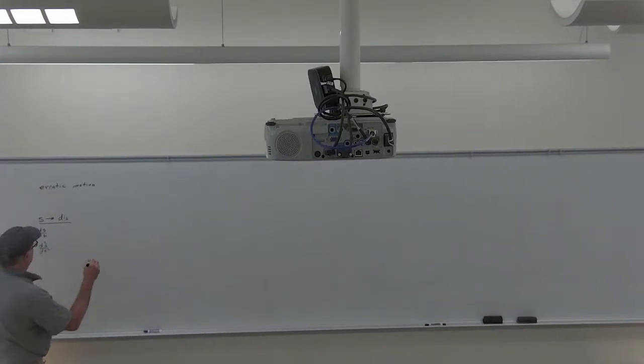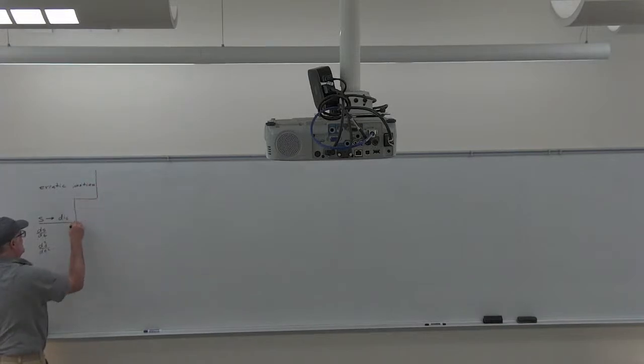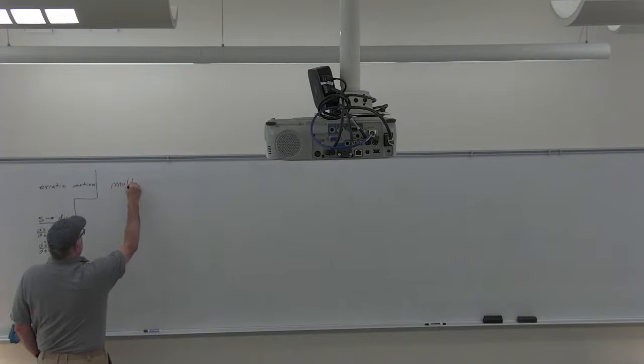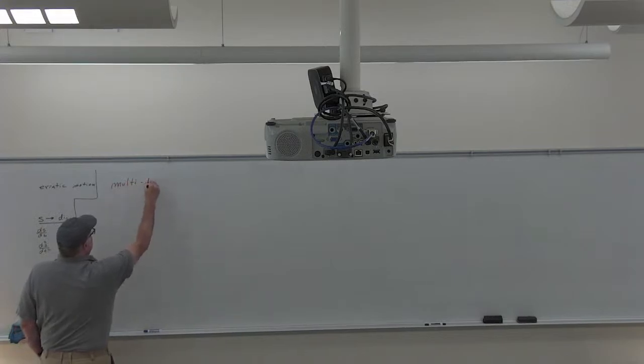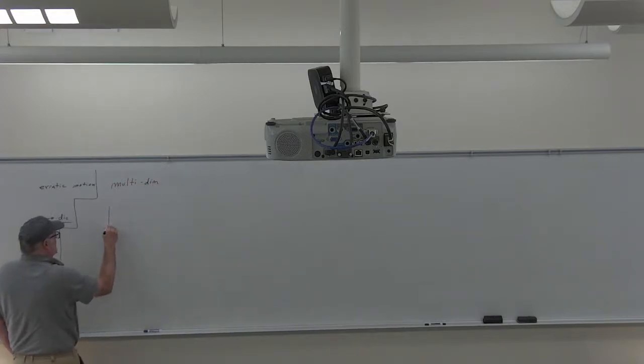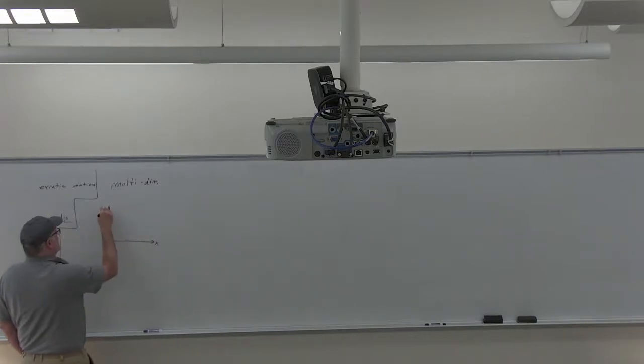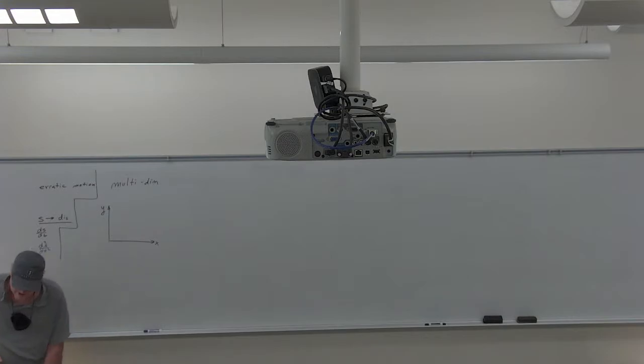But what I'm going to do is move into multidimensionals, in which you can have an X and a Y. We'll start there, but eventually we'll move to other coordinate systems, but for right now, not.